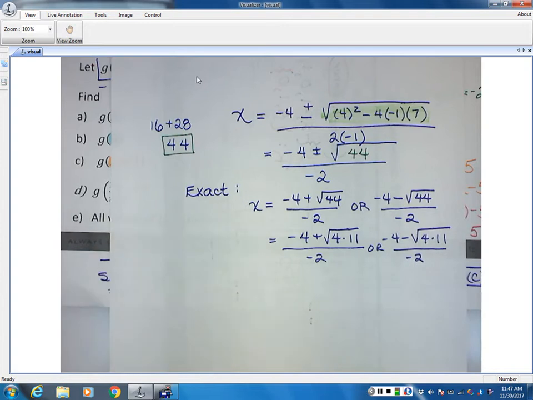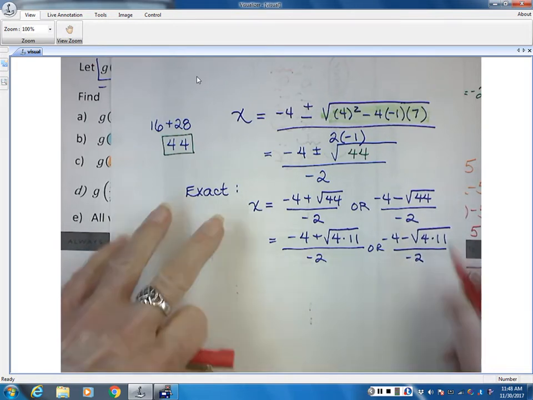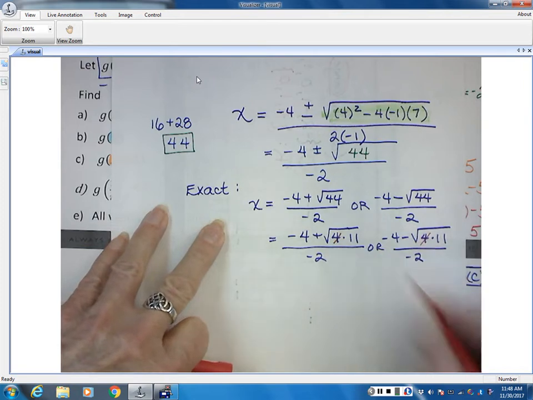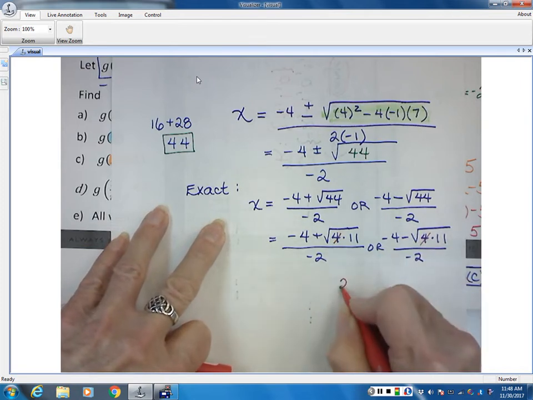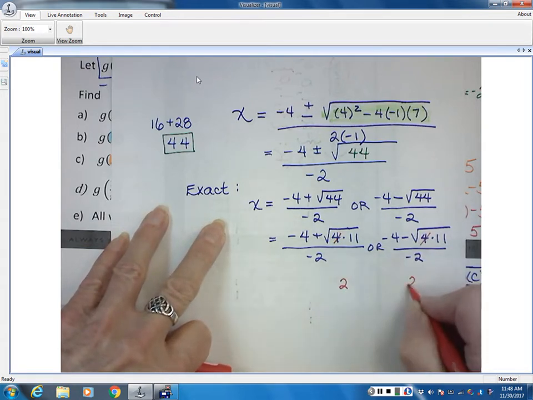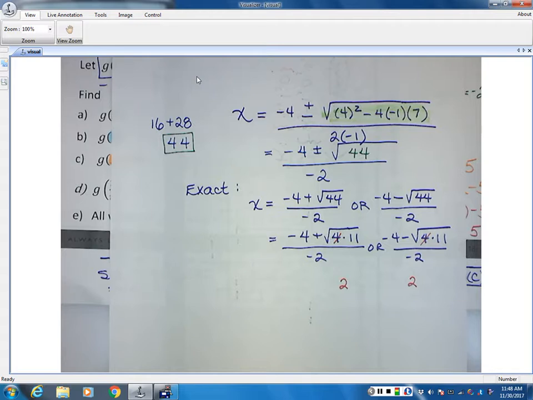And because you can actually take the square root of 4, when you take it outside the radical, it becomes 2. But the 11 has to stay inside the radical.